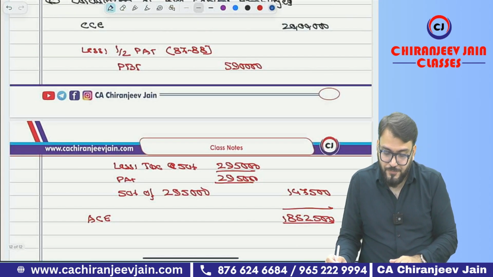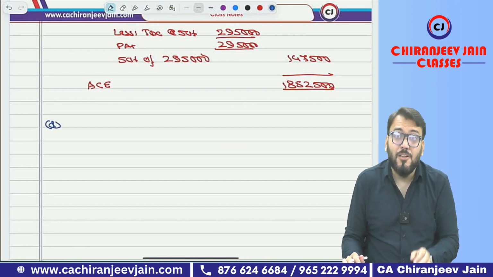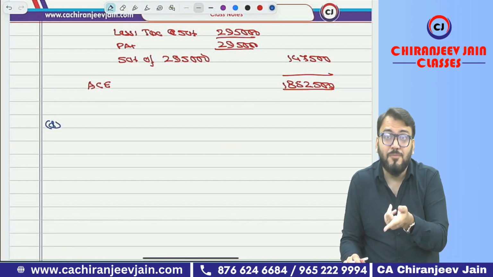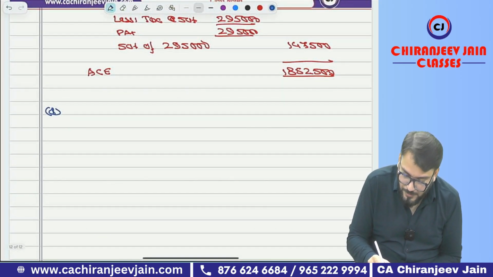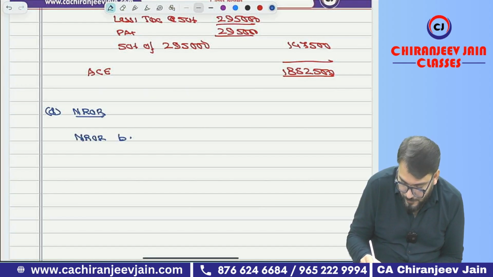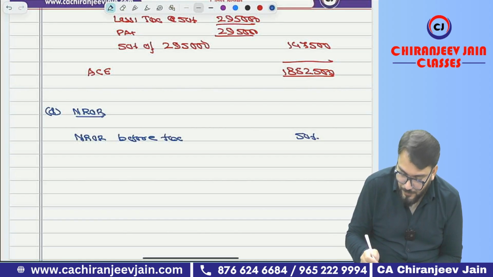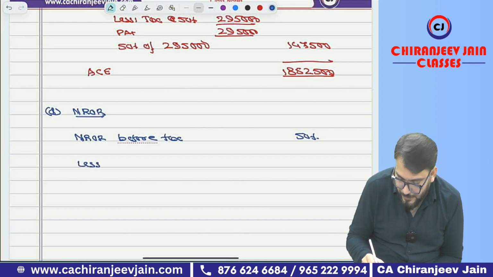Now we can find out goodwill. But before that, we want NROR also, because they have given it before tax, we need to convert it into after tax. NROR, normal rate of return, they have given before tax.